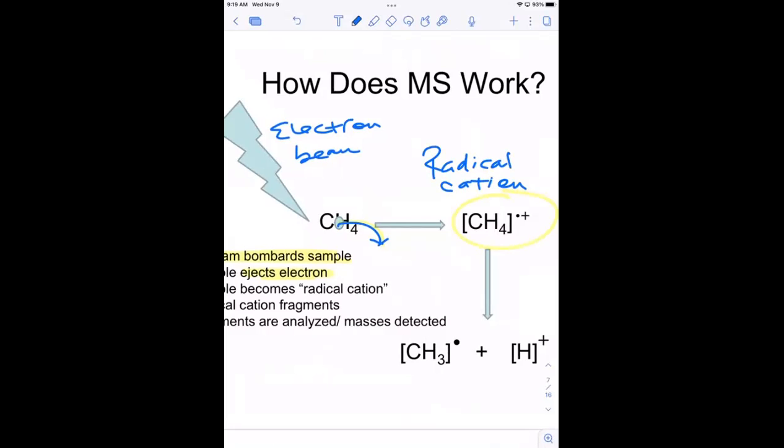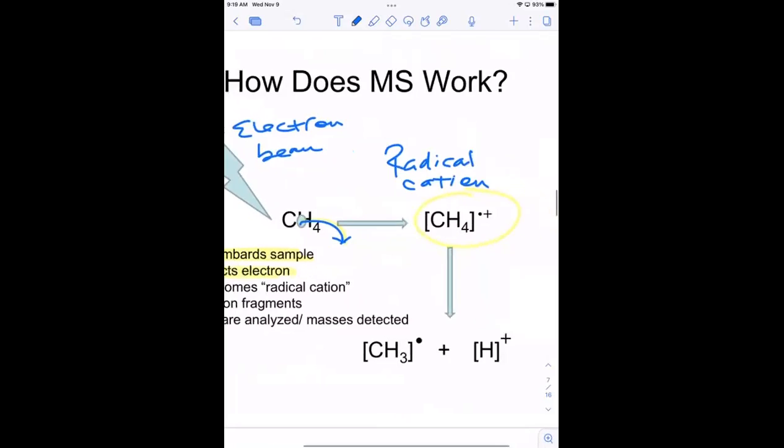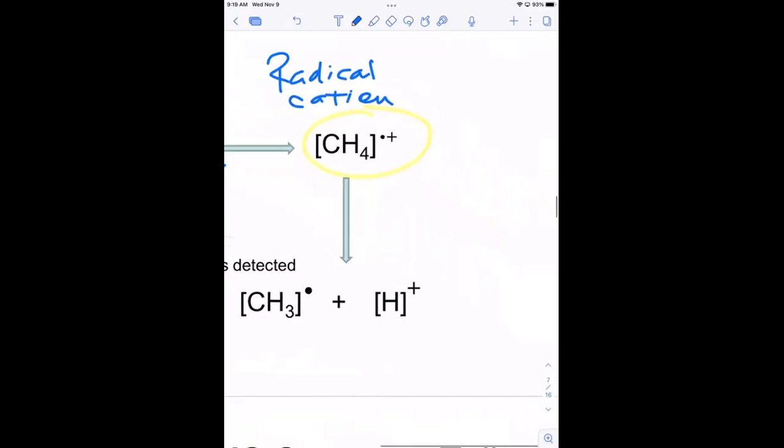In this case, it's CH4, and I'm going to actually write this out. So that's a carbon here with 4 hydrogens attached to it. And when you get to the radical cation, which is here, right? That's why we call it a radical cation. It's less 1 electron, so it becomes a radical, and the charge goes to +1, right?